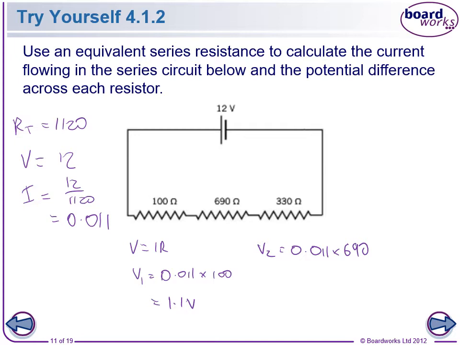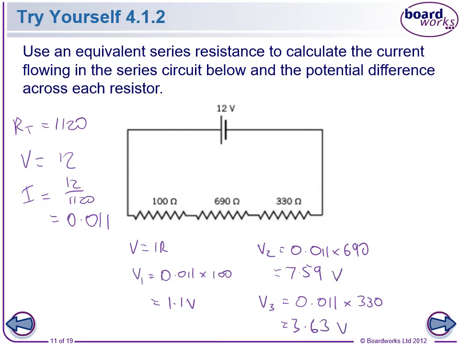We get 7.59 volts. And V3, 0.011 multiplied by 330. I get 3.63.